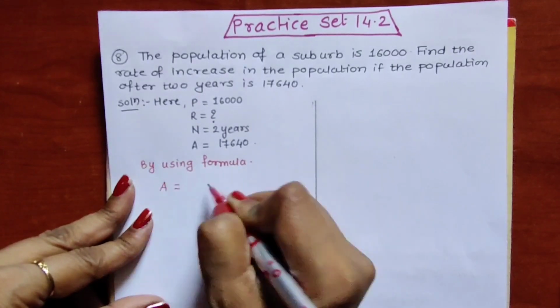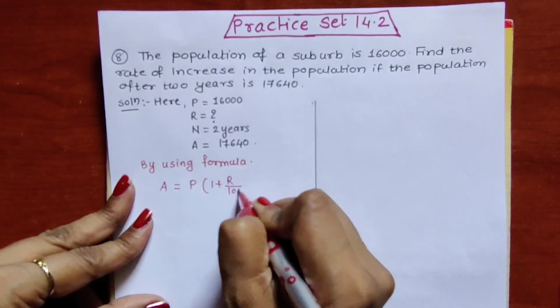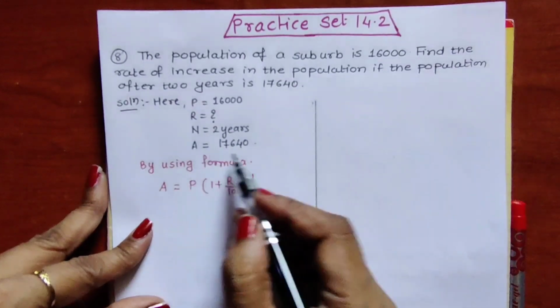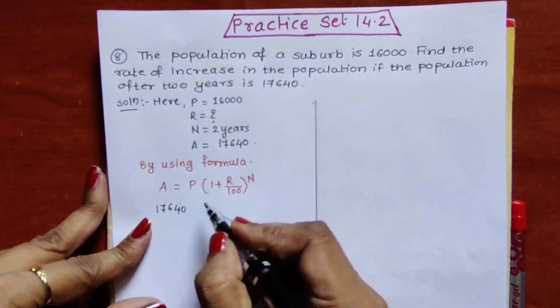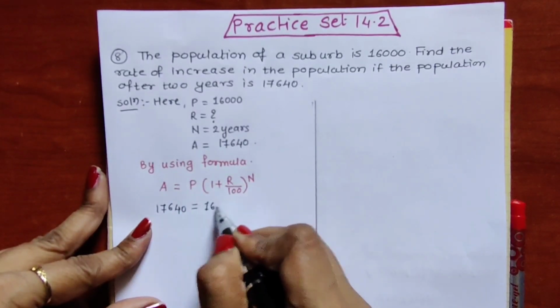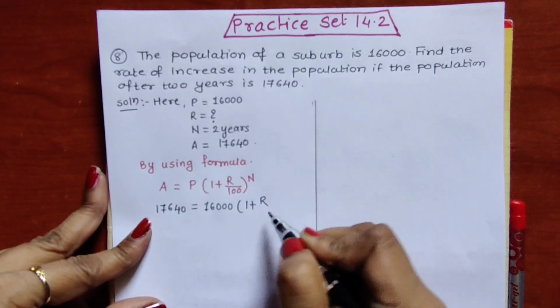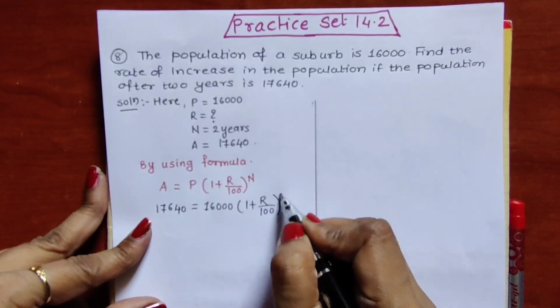So let us once again apply the formula. A is equal to P into 1 plus R upon 100 raised to n. We will put the values. A value is given 17,640. Below this we should write A value equal to sign. P is 16,000. 1 plus R value we have to find out, so R as it is I have to write upon 100. N value is 2.